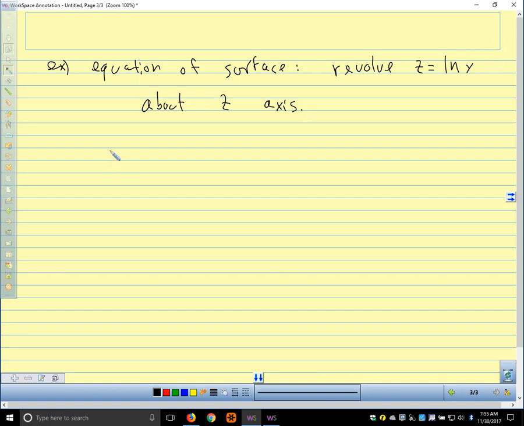Let me draw a quick picture here. Here's my first octant, and there is the function z equals natural log y.